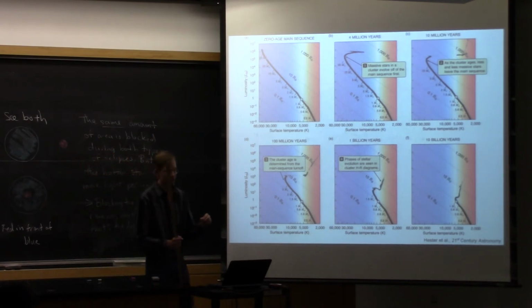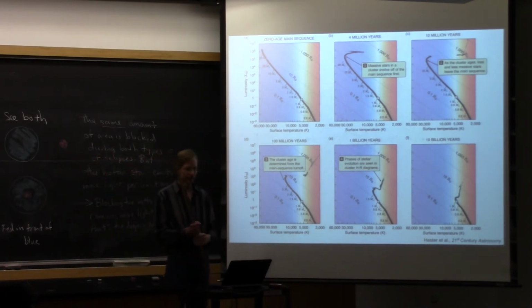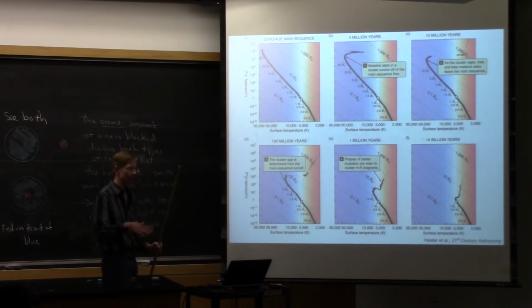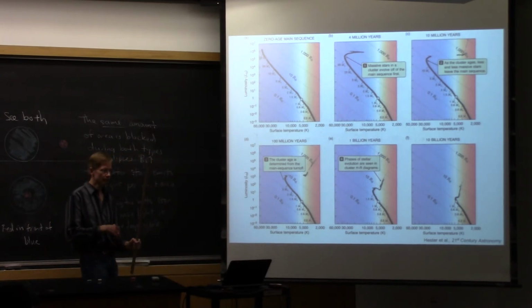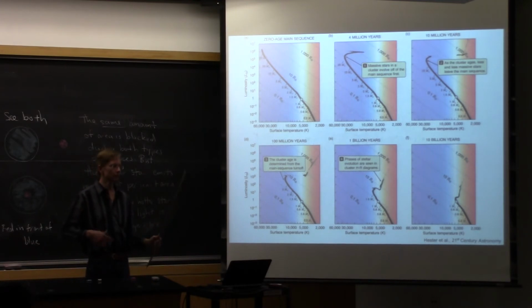So you can just plot their brightnesses, and since they're all the same distance away, you don't have to worry about different distances making the apparent brightness differ from the luminosity. A star which is more luminous looks brighter in a cluster because they're all essentially the same distance from us.